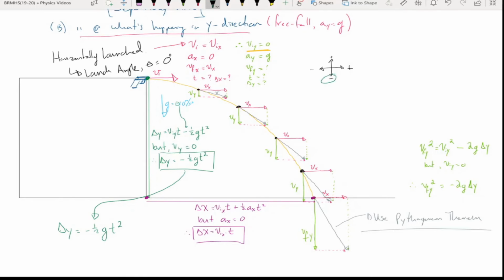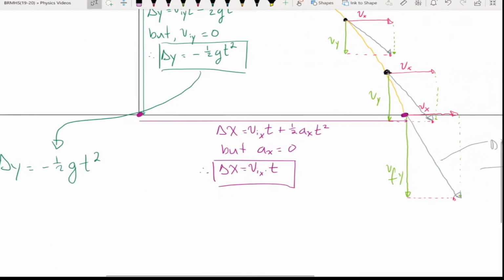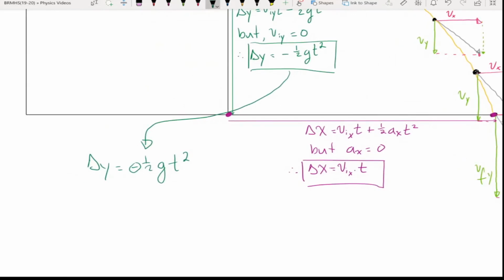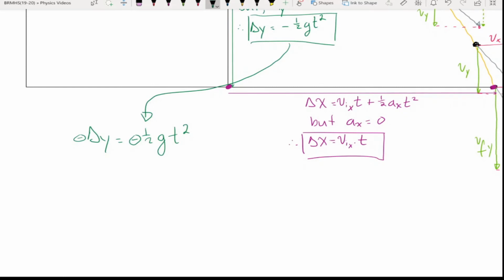So is delta y going to be a negative number or a positive number? Negative number. Yeah. Okay, so notice there's a negative right here in front of my 1/2 gt squared, so that's the minus for g. And I also have a minus for my displacement vertically. So those minuses will cancel out once you put the actual change in position numbers in there. So this will become the same as that if I make them both positive. This is the same effect as if calling down the positive direction.